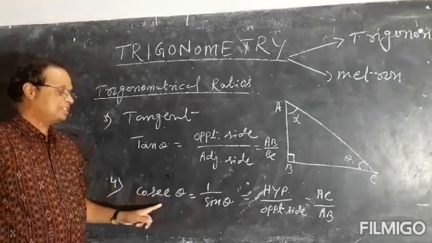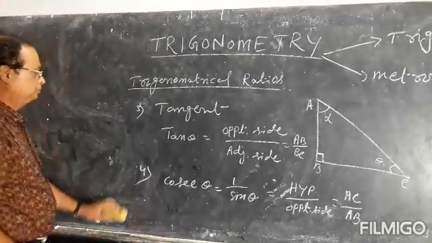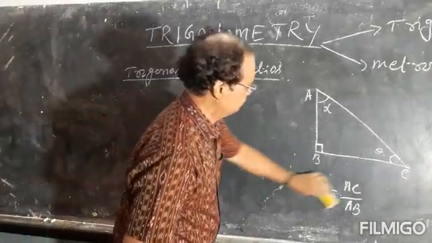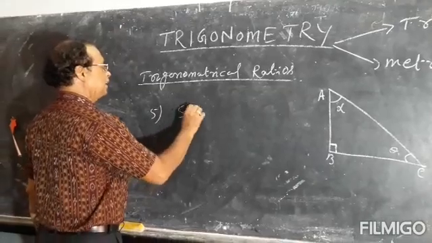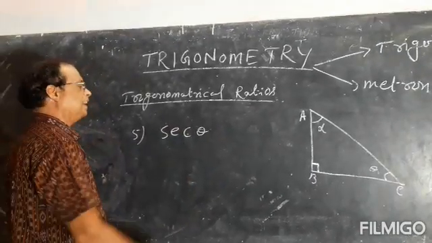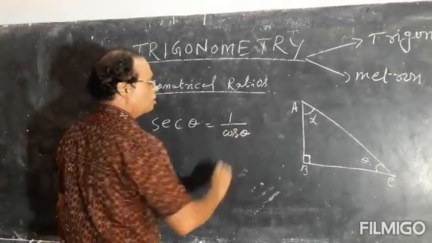That is cosec theta. And the fifth one is sec theta. Sec theta is the reciprocal of cos theta, so 1 by cos theta.